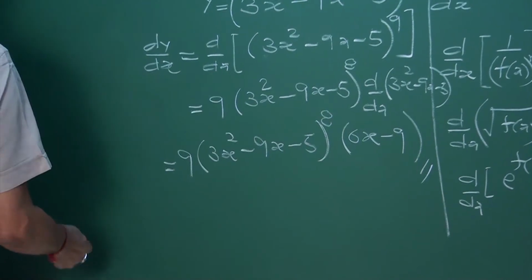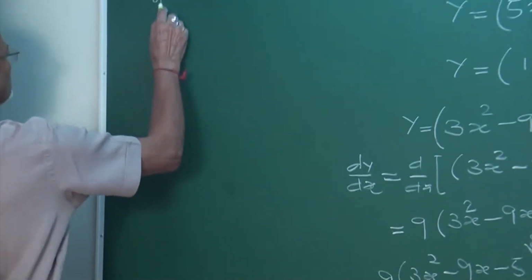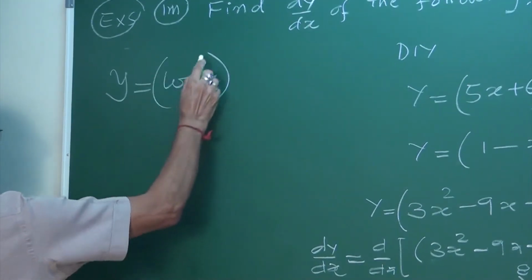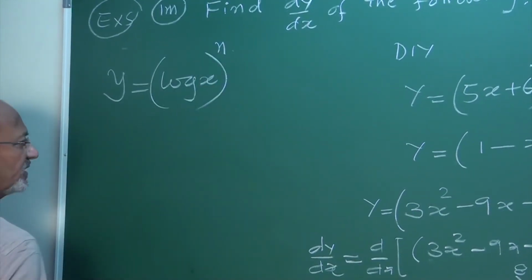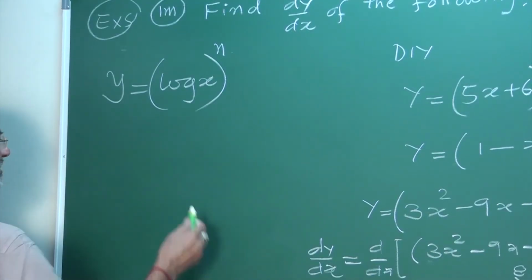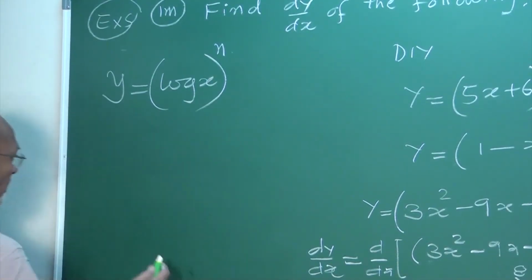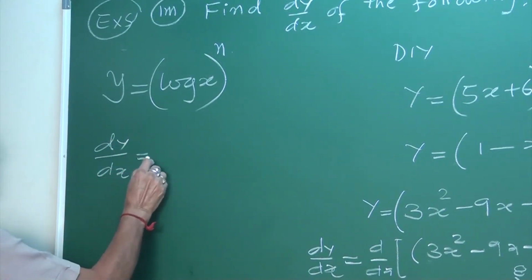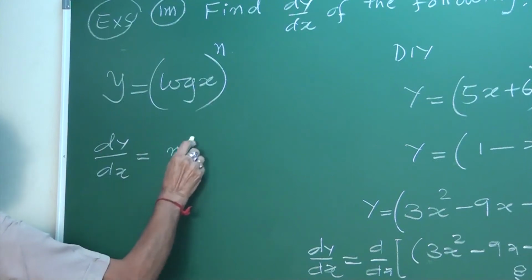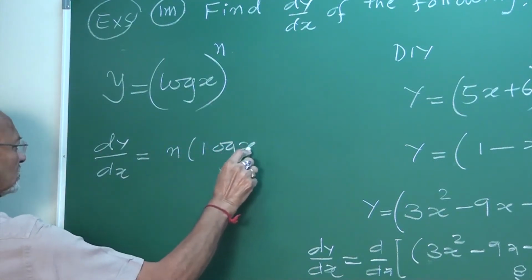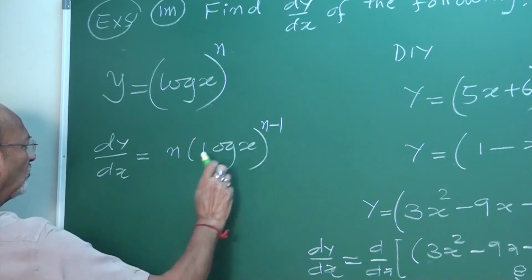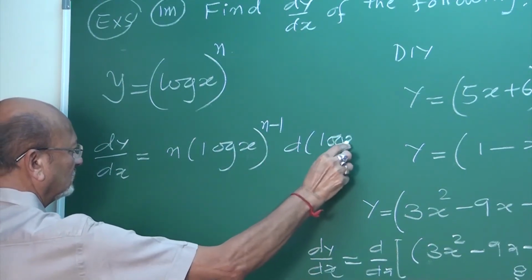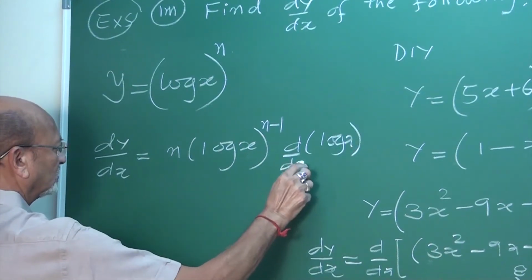Now if you want one more, y equal to (log x) to the power n. Differentiate with respect to x. dy by dx: power n, one power less, n minus 1, into the derivative of what is other than x, with respect to x.